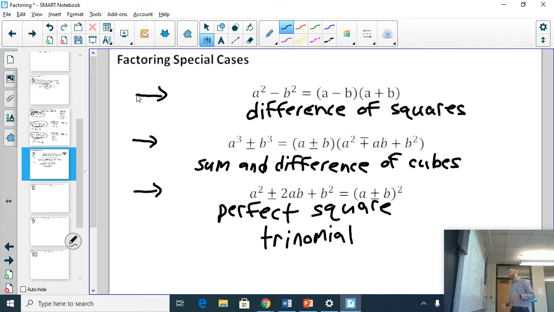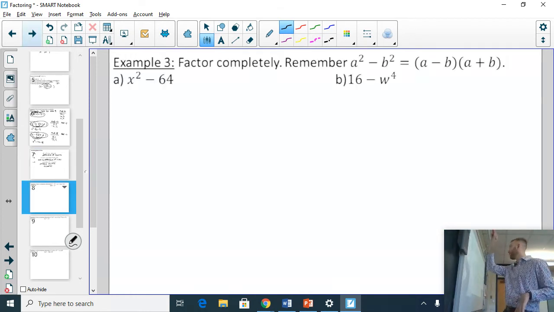That comes from perfect square because we have a plus b or a minus b together squared, and then the trinomial on the left, there are three terms. So that's where that comes from. And we'll just go through some examples of these.